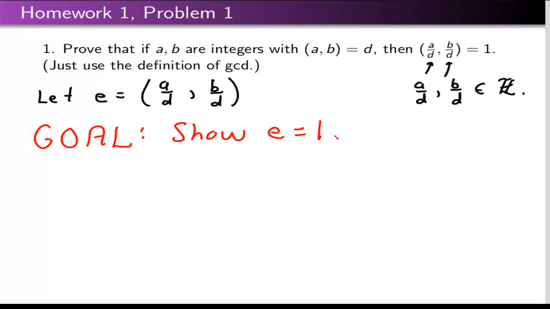Okay, well, what does this mean? If E is the GCD of these two numbers, then E is a divisor of a over d.